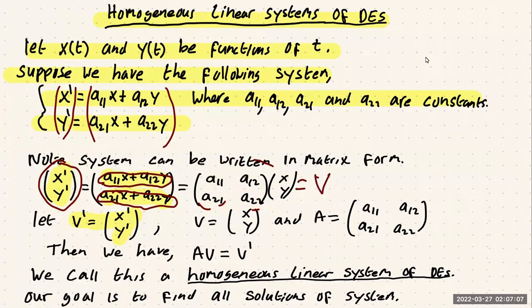Then I'm going to call the matrix A. Doing that, our system can then be written in the form A v equals v prime. We call this a homogeneous linear system of differential equations, and our goal is to find solutions of the system.